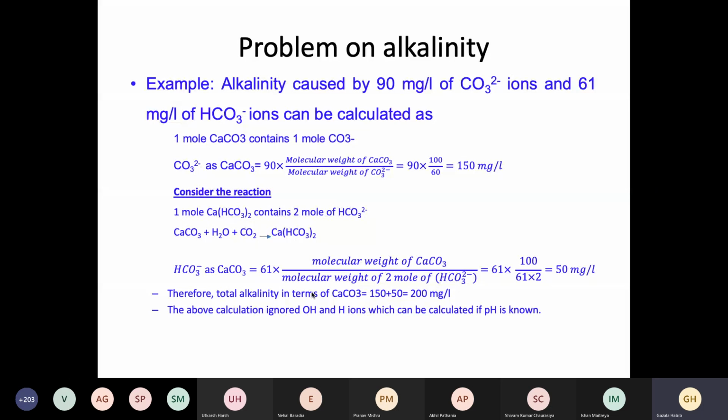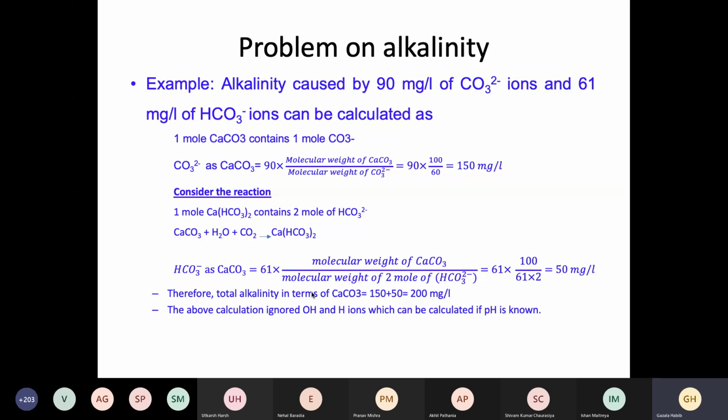But when we talk about bicarbonate, then 2 moles of bicarbonate ion are associated with 1 mole of calcium. In this case, generally this is the reaction given.